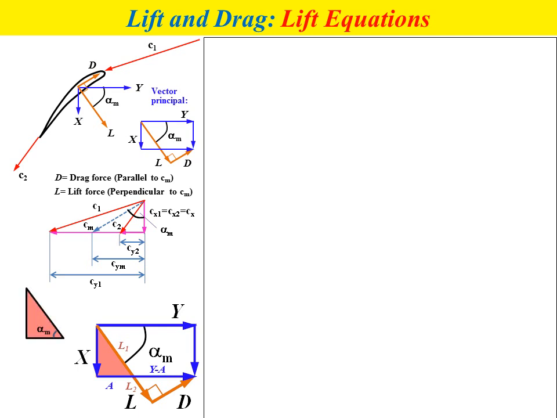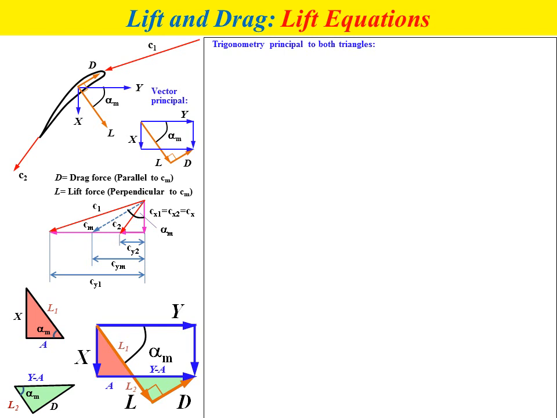First, the red triangle with angle alpha m, with first line L1, second line A, and third line X in terms of distance. Second, the green triangle with the same angle alpha m, with L2 line, Y minus A line, and D line in terms of distance.